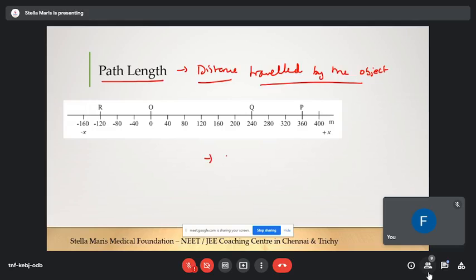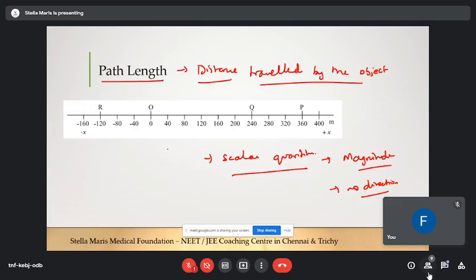In one-dimensional motion, the direction can be taken care of. There are only two directions possible in motion along a straight line. What are they? Positive and negative.